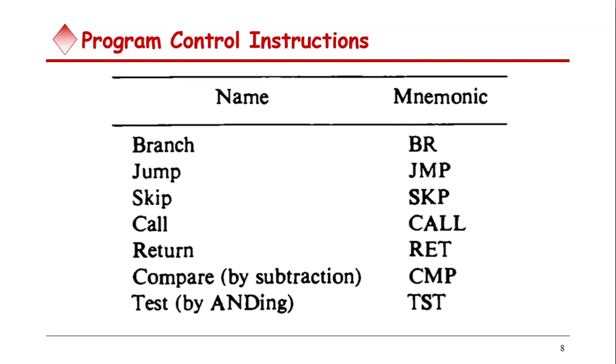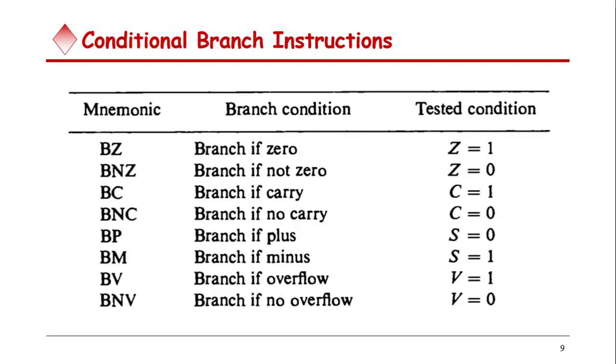Then the conditional branch instructions. There are different conditional branch instructions. Each mnemonic is constructed with the letter B that denotes branch in the abbreviation. When the opposite condition state is used, the letter N for no is added. That means BZ means branch if zero.